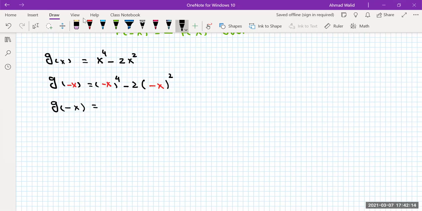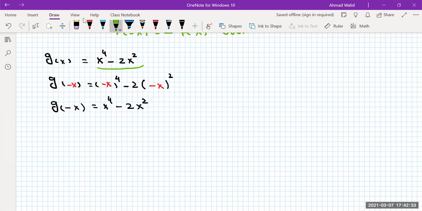Let's simplify. G of negative x equals negative x to the power of 4. Any negative number to the even power gives you positive, correct? X to the power of 4. Negative x squared gives you positive x squared, then positive x squared, you have a negative here, that gives you back negative 2x squared.